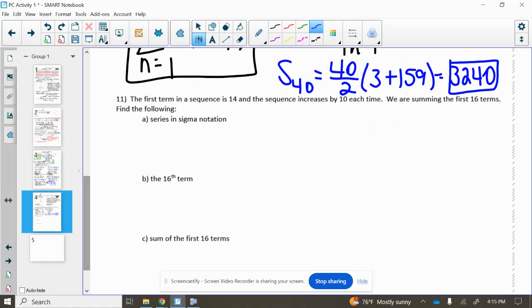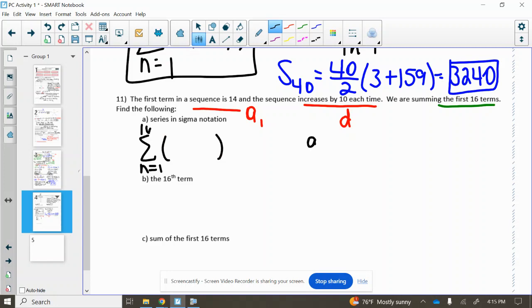Now on our next example, they are telling us the first term in our sequence is 14. So there's our first term, a sub 1, and it increases each time by 10. That's our common difference value, and we want to sum up this time the first 16 terms. So in our sigma notation, we start with term number 1 and end with term number 16 this time, and we need our rule.